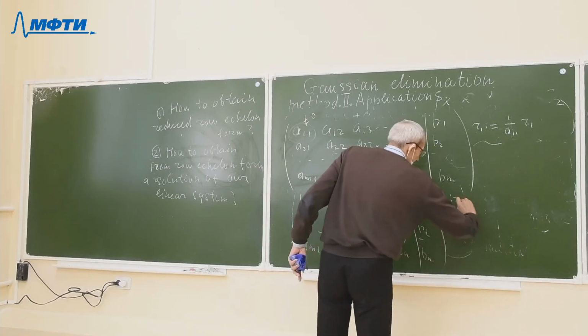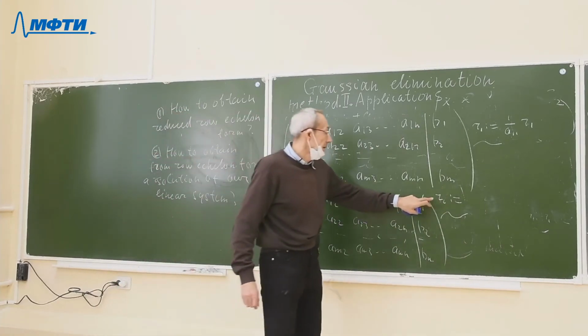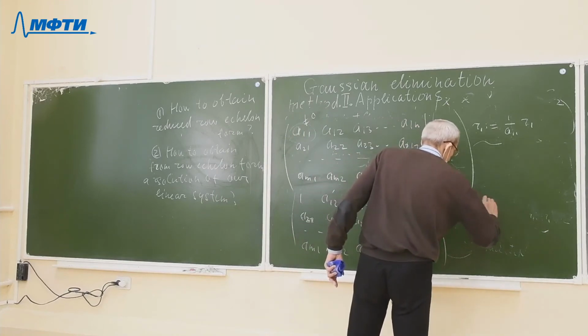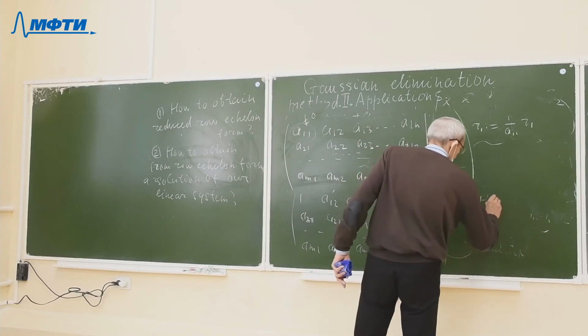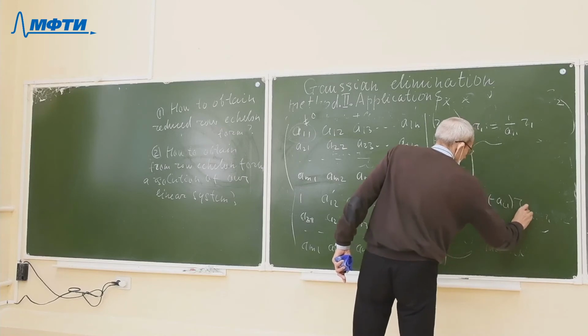We put Ri equal to Ri plus minus ai1 times R1.